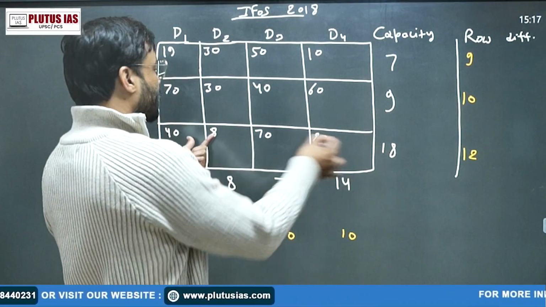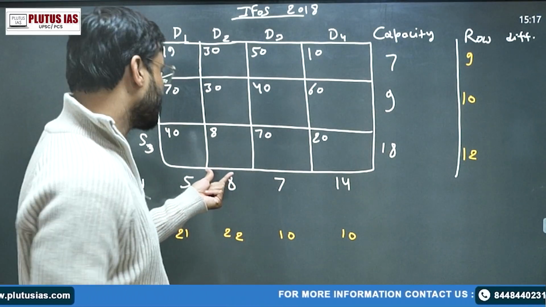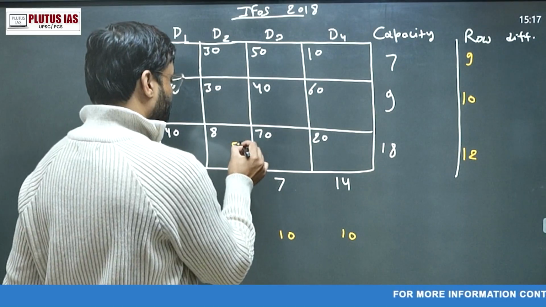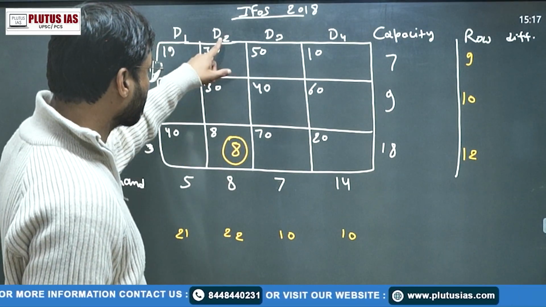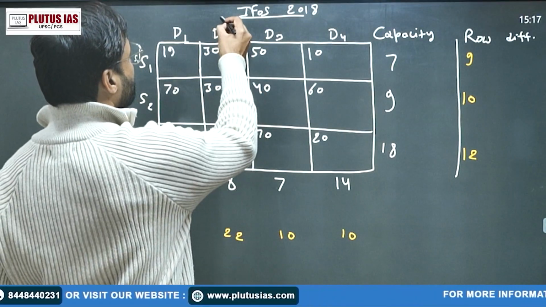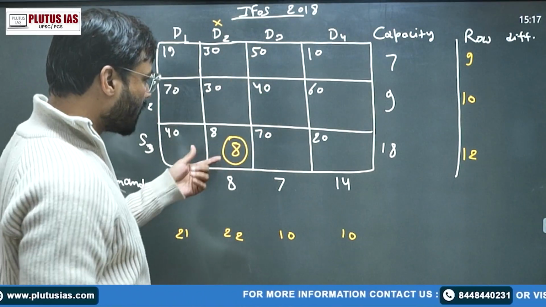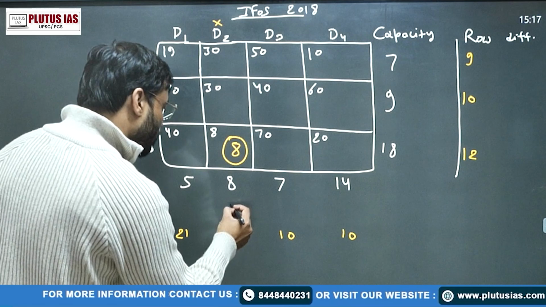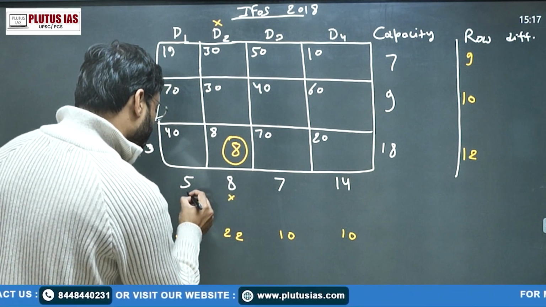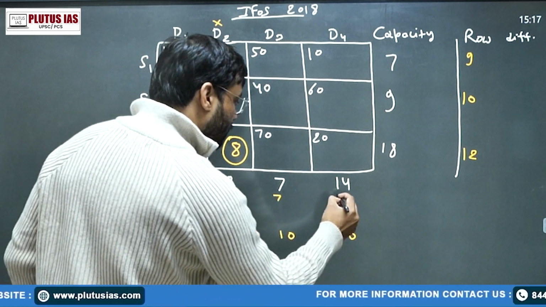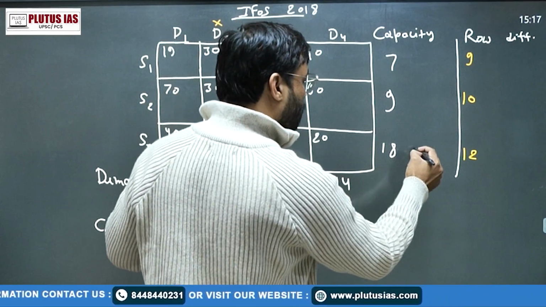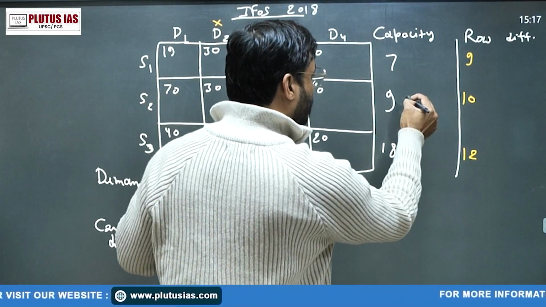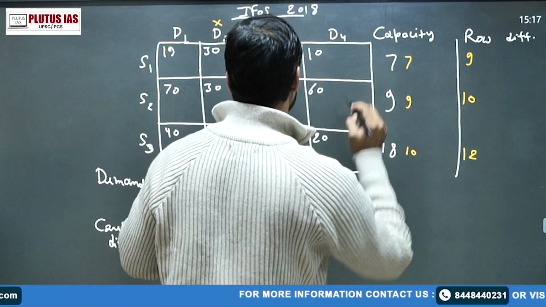Here capacity is 18 and demand is 8, so this cell can get the 8. So this column has finished, so just cancel out. Now update everything, so this one is now cancelled out, and here 5, here 7, here 14, and here after updating, after 8 only the 10 remain, here the 9, here the 7.